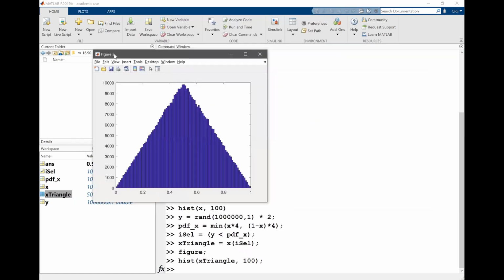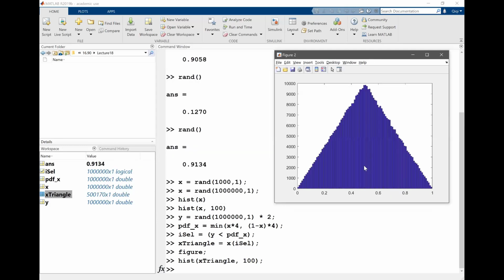All right, a very nice triangular distribution that's much less likely to be around 0 and 1 and more likely to be around 0.5. And you can take a look at the algorithm and see how we have achieved this, right? So we computed the PDF of x that's actually a lot larger when x is around 0.5 and a lot less when x is around 0 or 1.